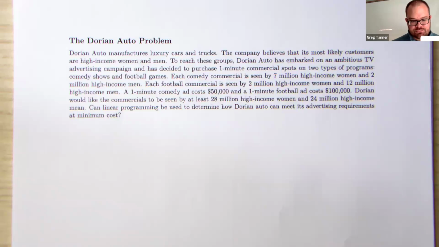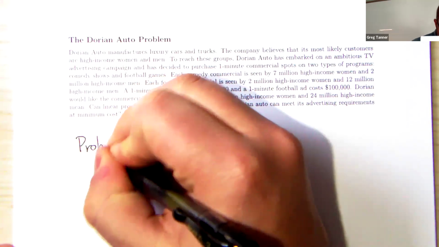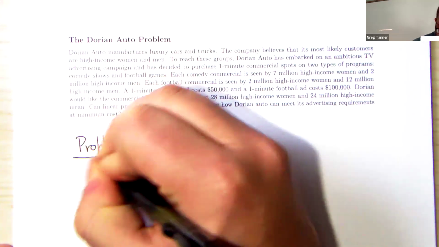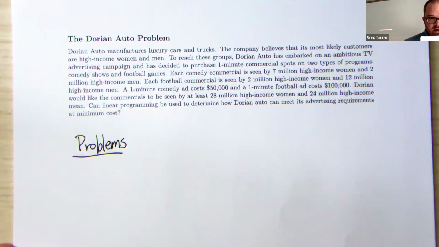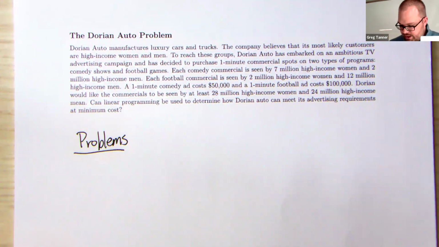Okay, so coming back, let's maybe jot down some of the problems. And then after we put down the problems, then maybe we'll talk about what some of the solutions are.